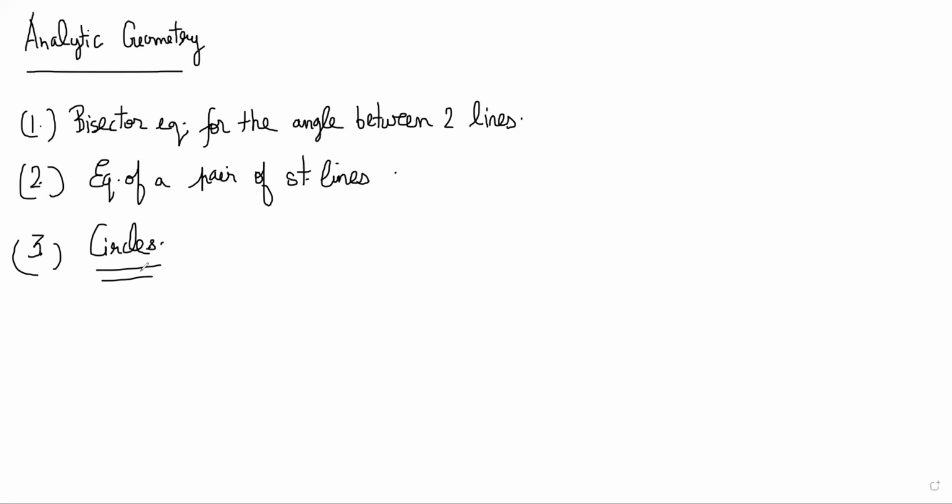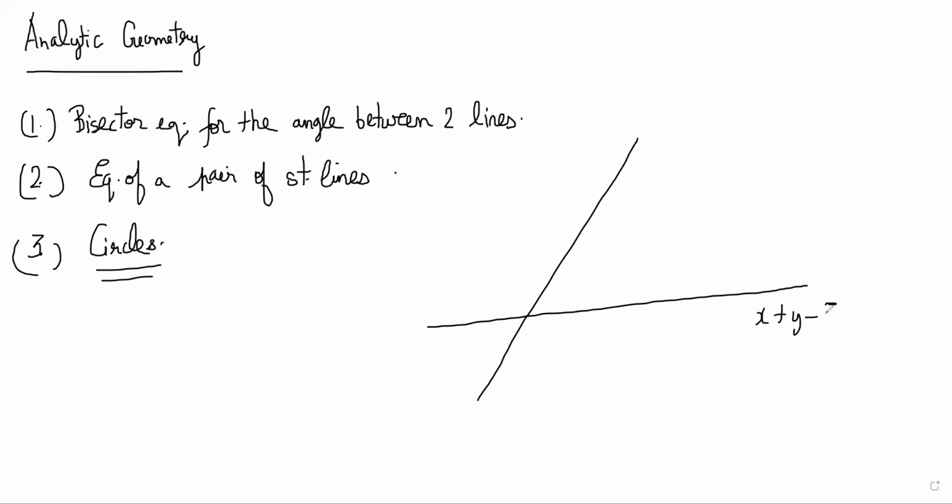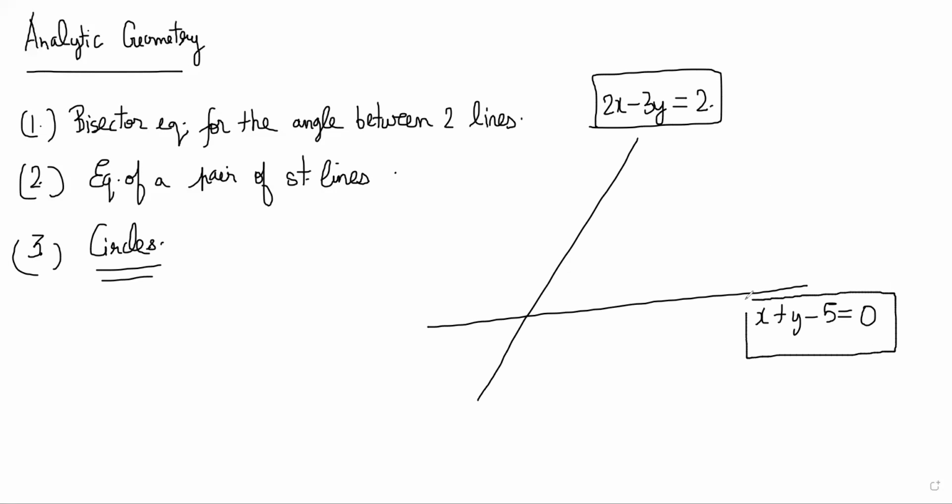So what we mean by that is, if you have two straight lines, this line could be x plus y minus 5 is equal to 0, and this line is 2x minus 3y minus 2 is equal to 0. Let's say these two lines will intersect at a certain point, right?